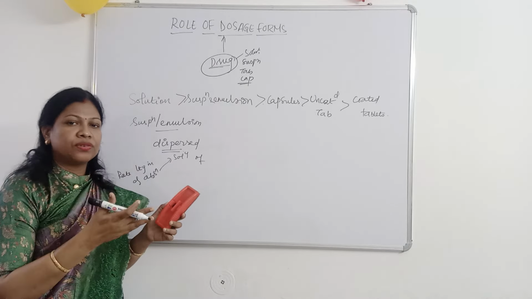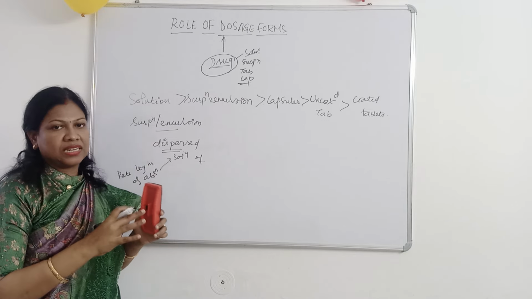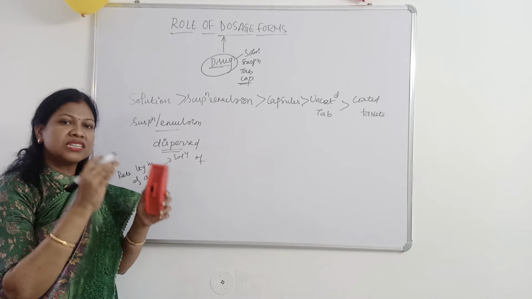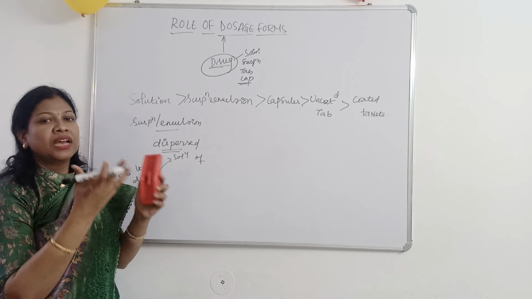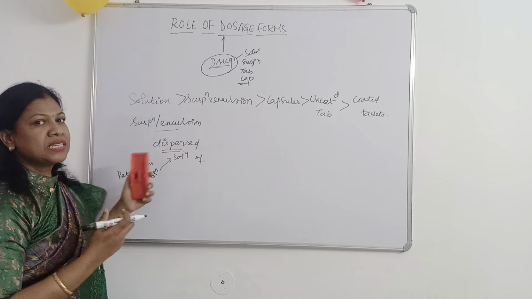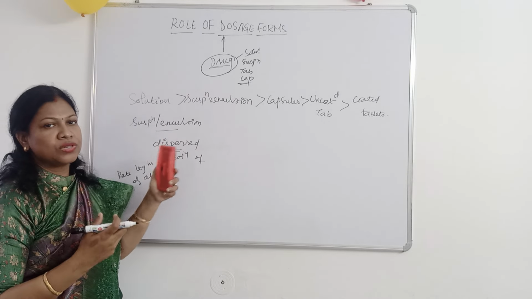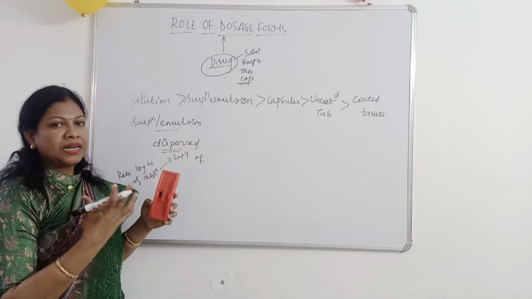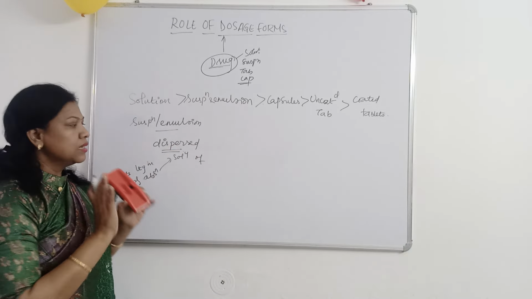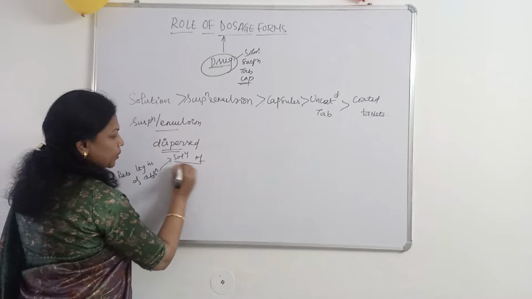The drug is not dissolved, the drug is dispersed in the vehicle. So first of all, the drug which has been dispersed has to become soluble, then the drug has to be absorbed. So the rate limiting step in the case of suspension dosage form is the solubility of the particles that are dispersed in the medium. So that is to be considered.